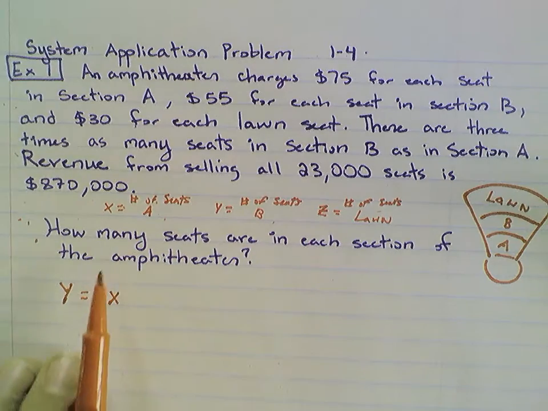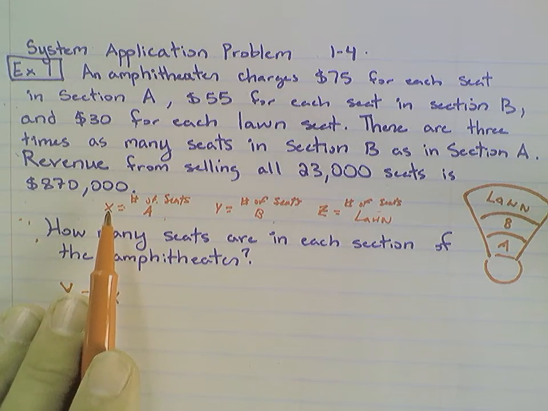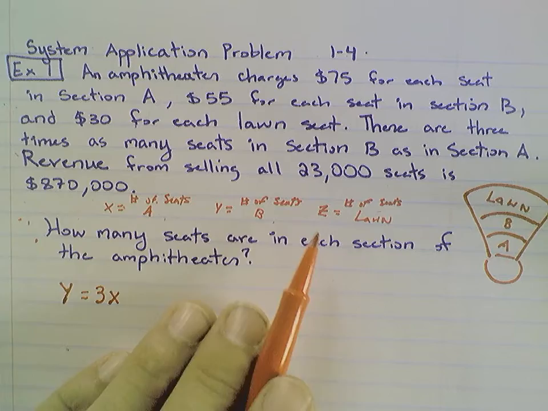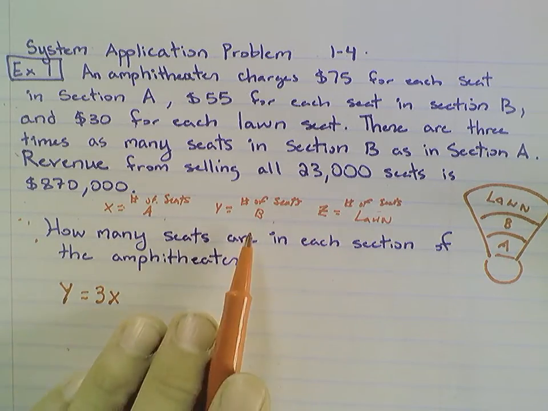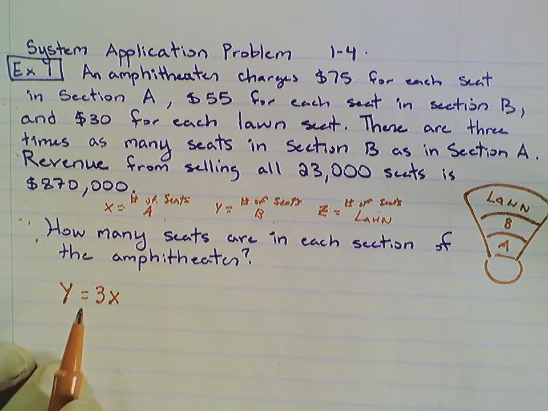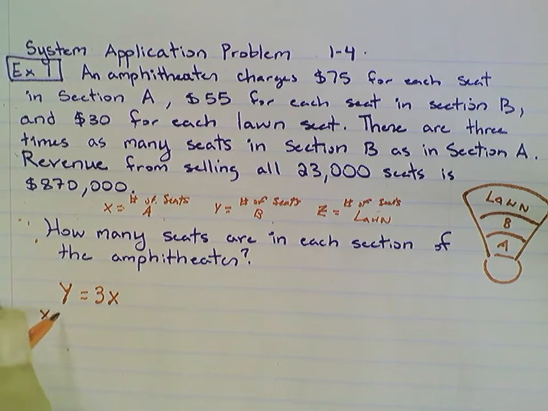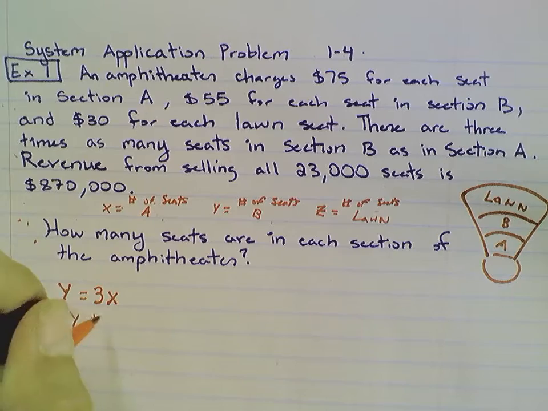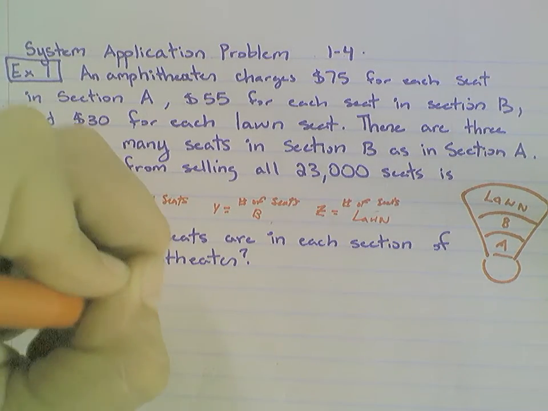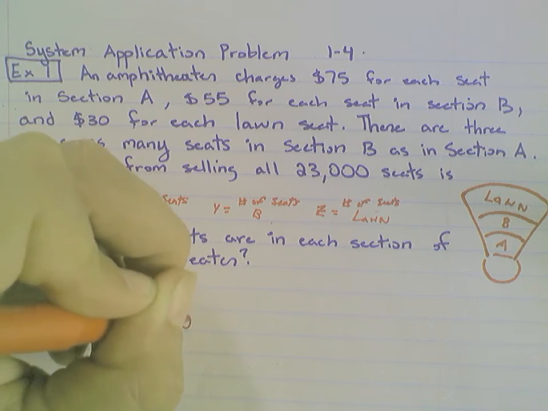In algebraic terms, if I take the number of seats in A, or X, and add Y, and add Z, the total has to equal 23,000. So that's another equation I can write down: X plus Y plus Z equals 23,000 seats.